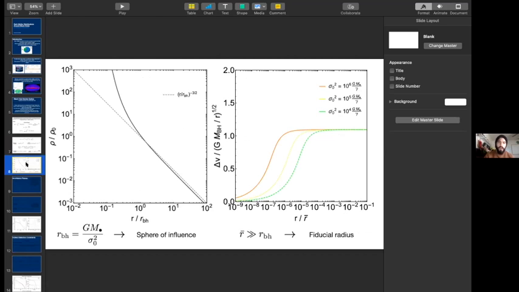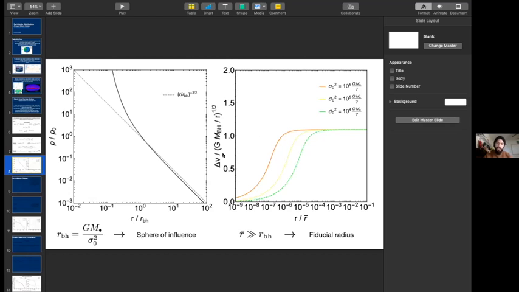So I have here plotted on the left, the density as a function of the radius with some normalization parameters. And I have in gray dashed line the r to the minus 3/2 power. So you see for the large r behavior, it follows the minus 3/2 power pretty well. But in the inner regions, you get an exponential divergence.